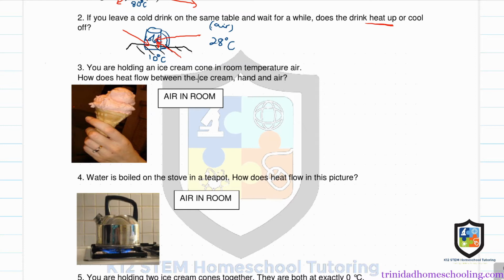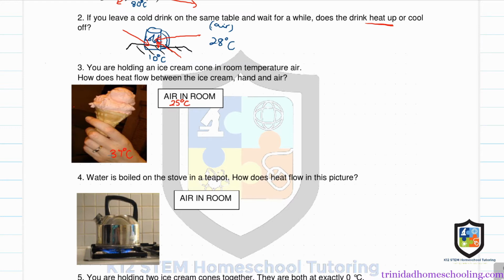Let's look at example 3. You are holding an ice cream cone in room temperature air. So my room temperature air here is going to be 25 degrees Celsius. How does heat flow between the ice cream, your hand, and the air? Now, normal body temperature is 37 degrees Celsius.